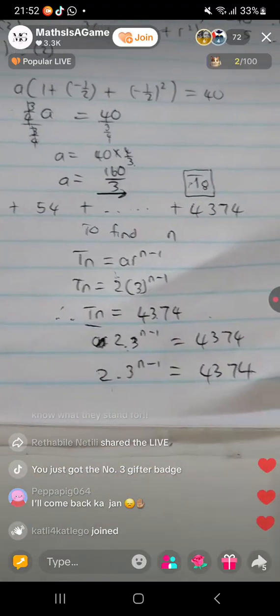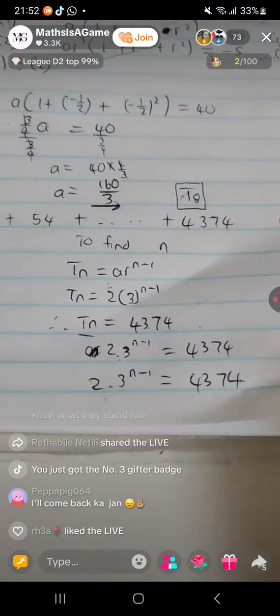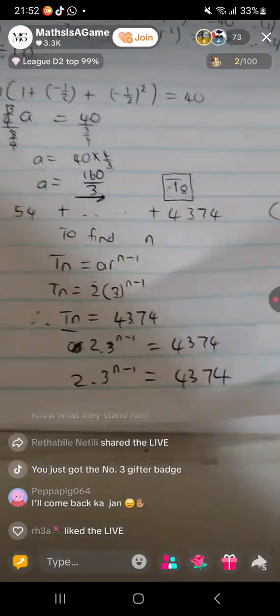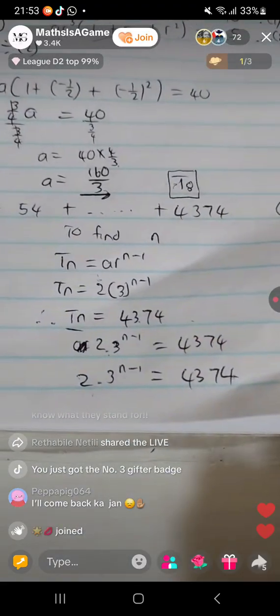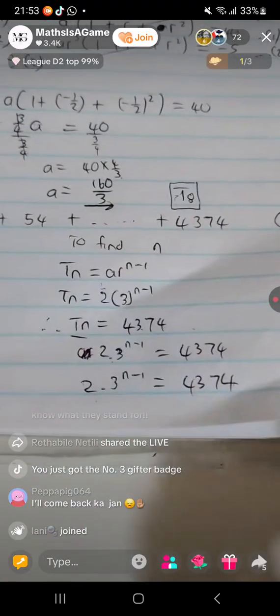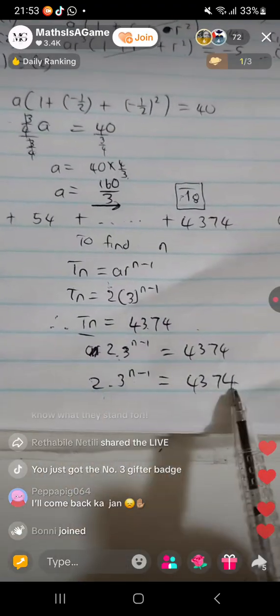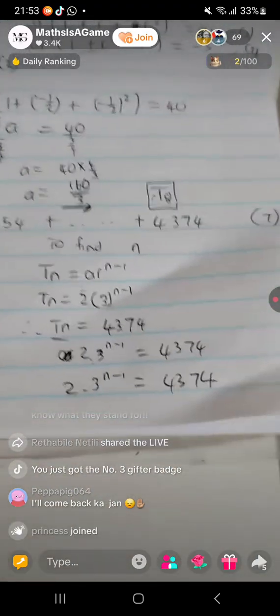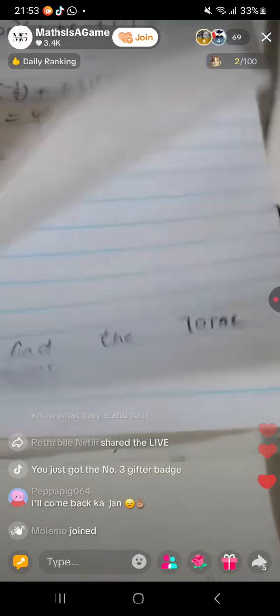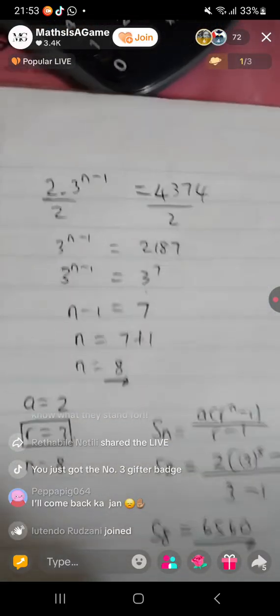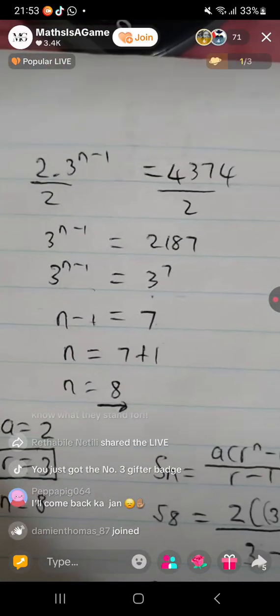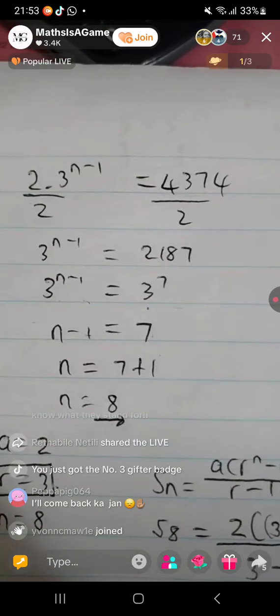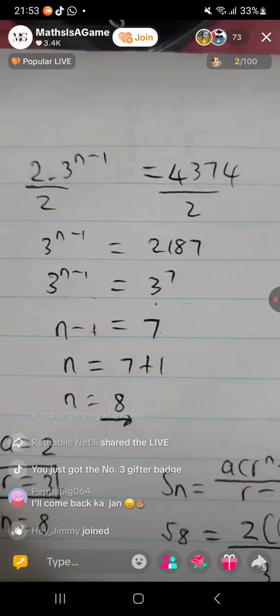Then I solved for n using my understanding of exponential equations. After so doing, I divided both sides by the coefficient, which is 2. When I did that, that led me to 3 to the power n minus 1 equal to 2187.